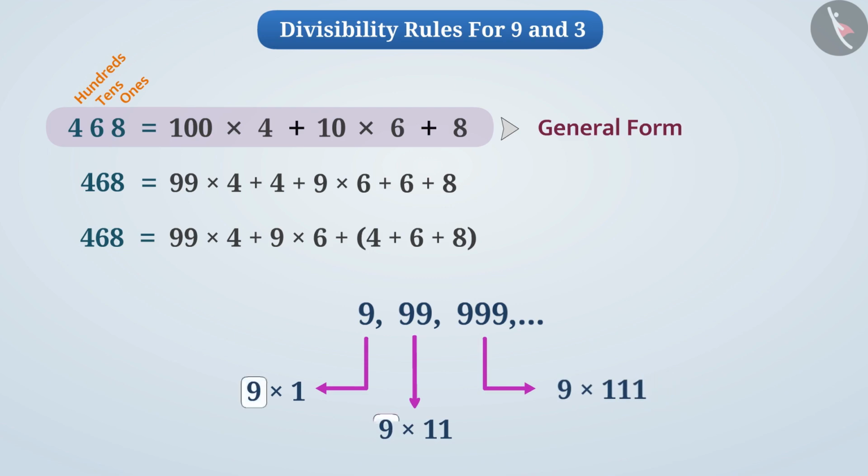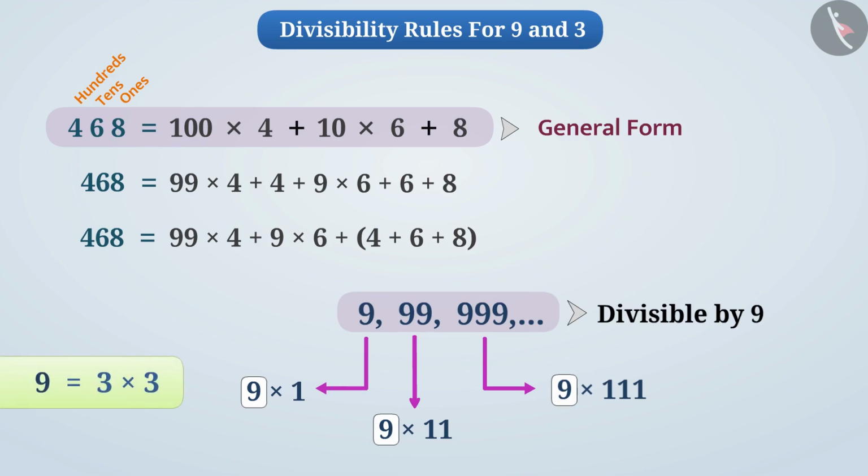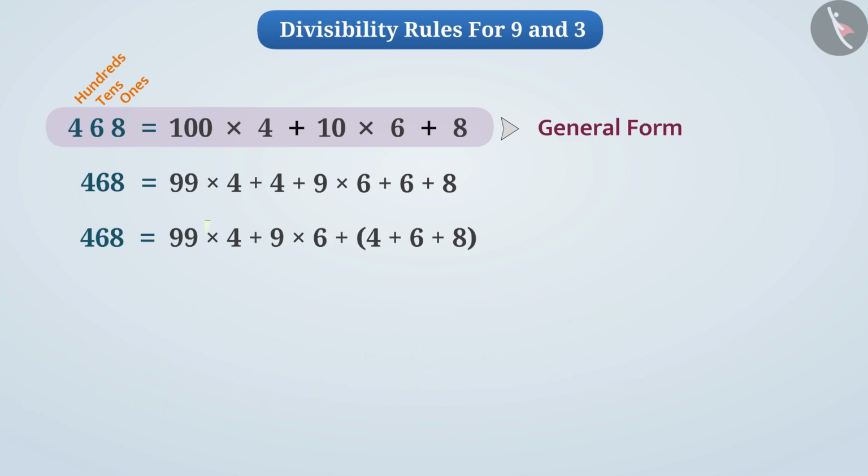Since 9 is a factor of each number in this pattern, all these numbers are divisible by 9. Similarly, the number 3 is a factor of the number 9. So, all the numbers in the pattern are divisible by 3. In this way, 99 multiplied by 4 is divisible by both 3 and 9. Similarly, 9 multiplied by 6 is also divisible by both 3 and 9.